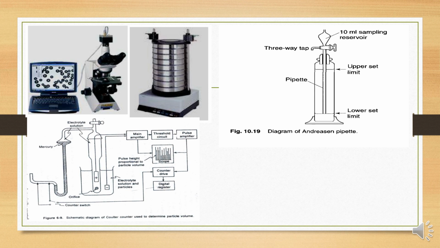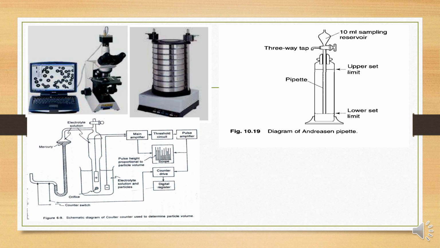So the current passes and the suspended particles travel through the orifice. We then observe a change in electrical resistance, which we term a voltage pulse, and it relates to the particle volume.